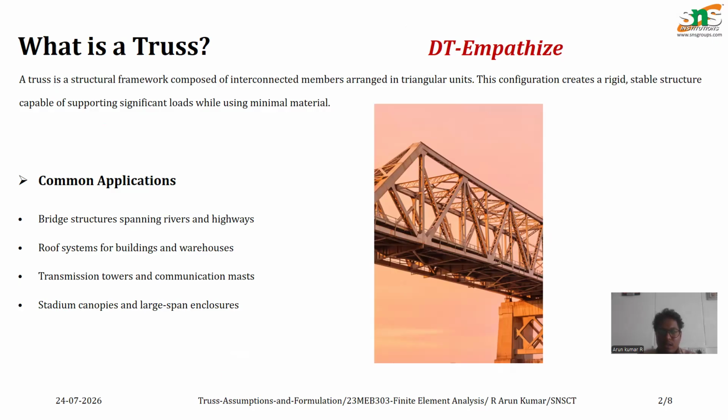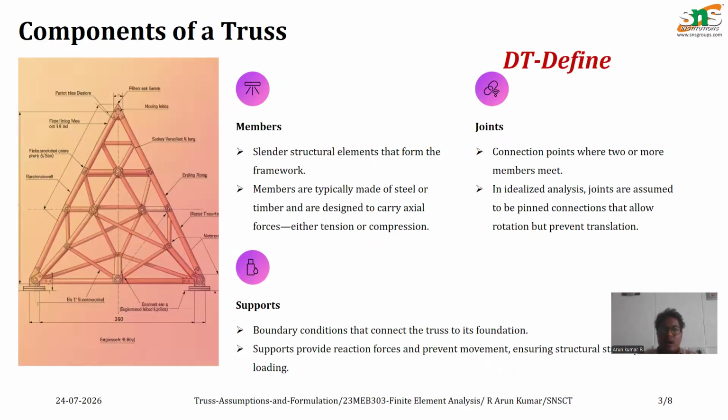As we already saw in the diagram: bridge structures spanning rivers and highways, roof systems for buildings and warehouses, transmission towers and communication masts, stadium canopies, and large span enclosures. So these are the applications and the meaning of truss.